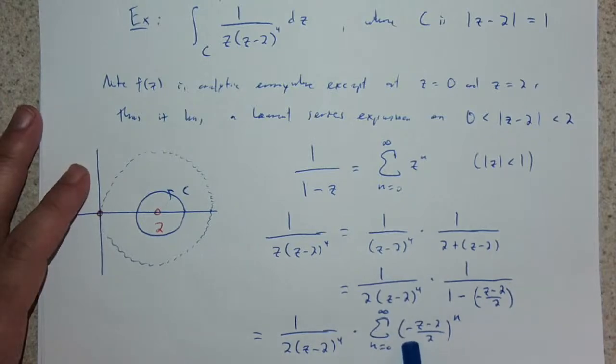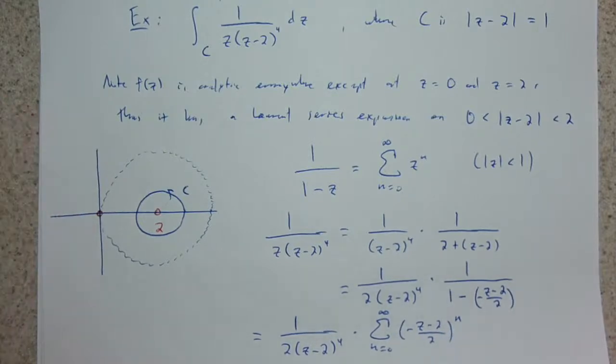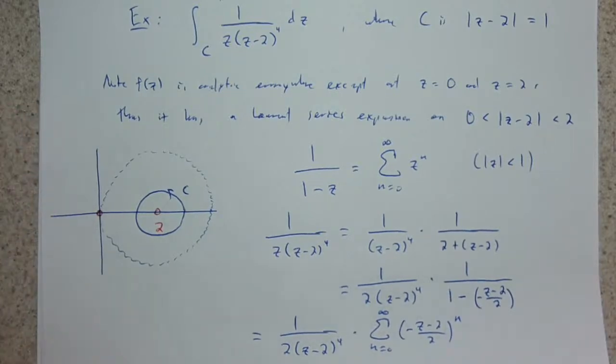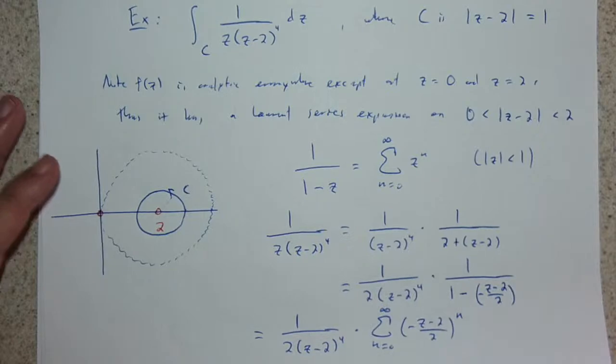So I have a (minus 1) to the n showing up here, 2 to the n in the denominator, and (z minus 2) to the n.